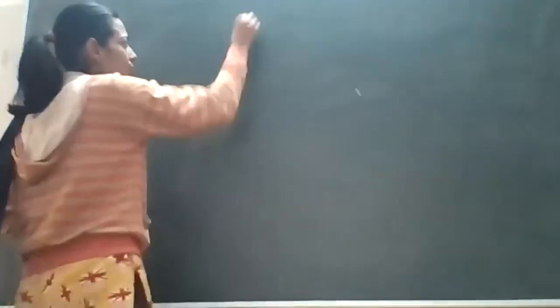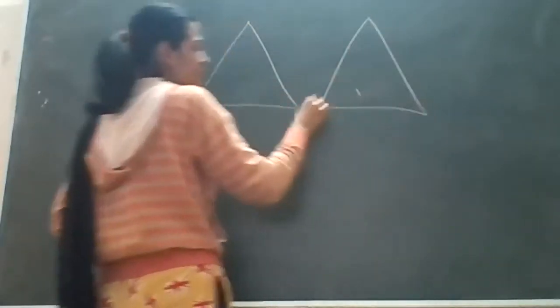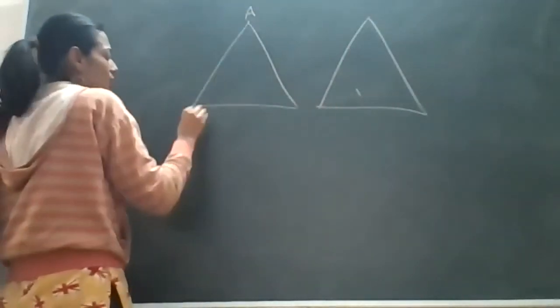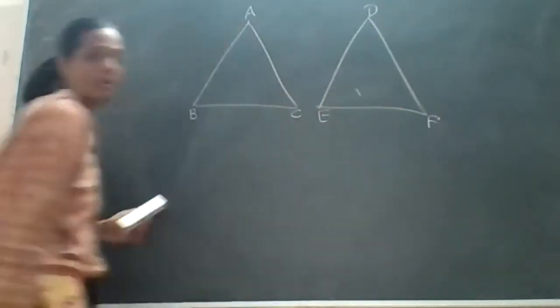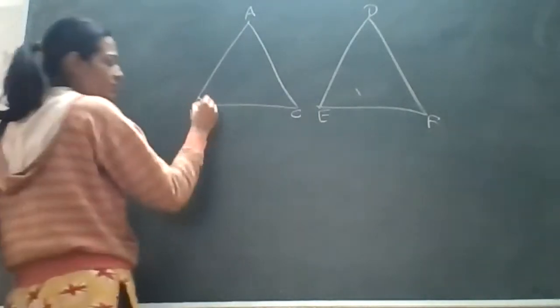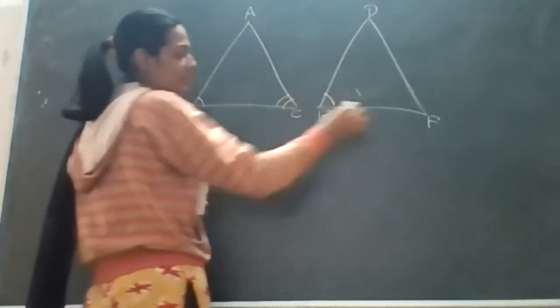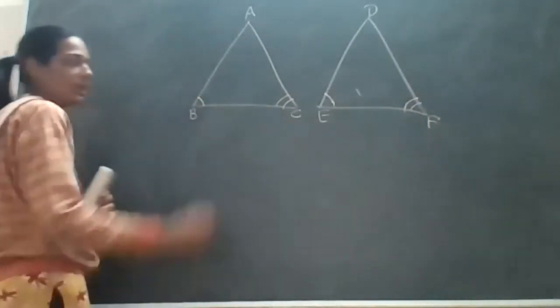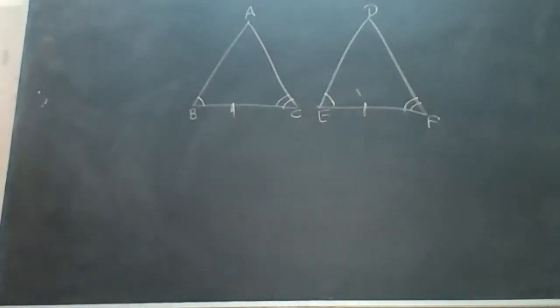So here you have to draw two triangles and give them whatever names you want. I am taking ABC and here DEF. Here two angles and one side are equal. So this angle and this angle should be congruent, this second angle and this second angle will be congruent, and the included side between them is congruent to each other.